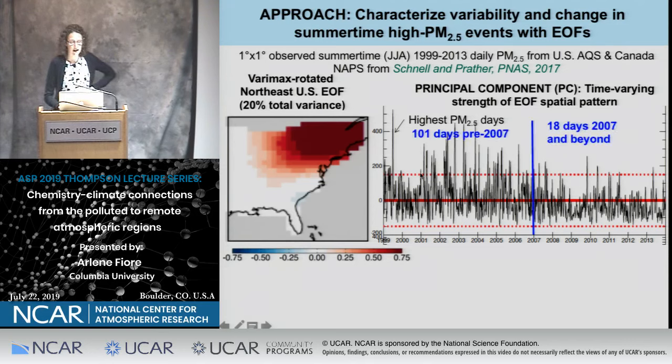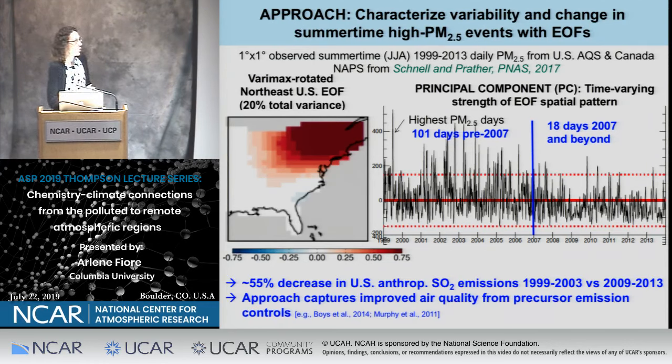What we find is that if we split this time series in the middle at 2007, we find over 100 days beforehand, and only 18 days beyond, suggesting that there's been a real reduction in the number of high PM 2.5 events, which is what we expected to get out of this, given the large decreases in anthropogenic SO2 emissions.